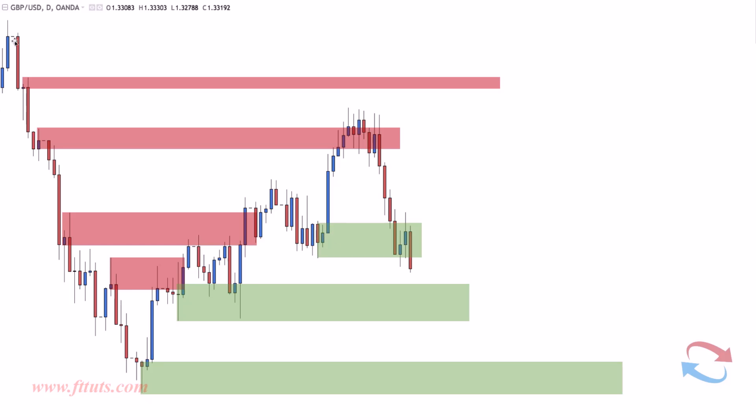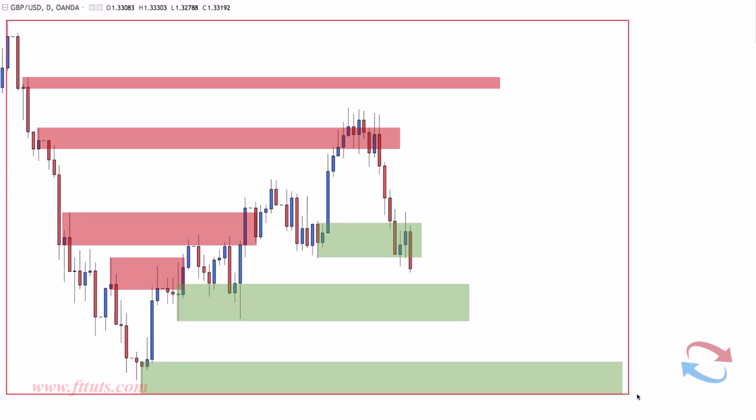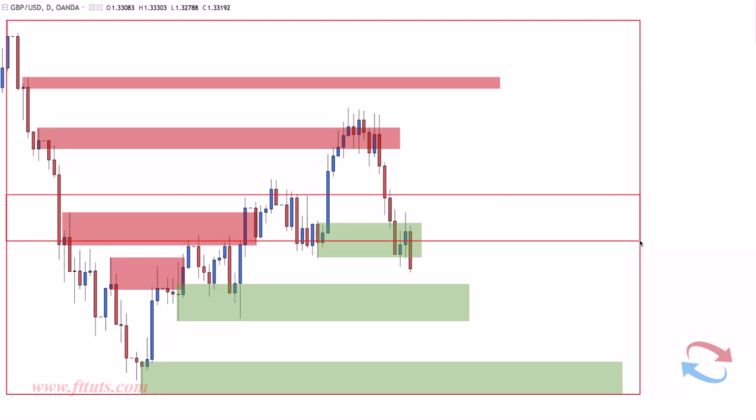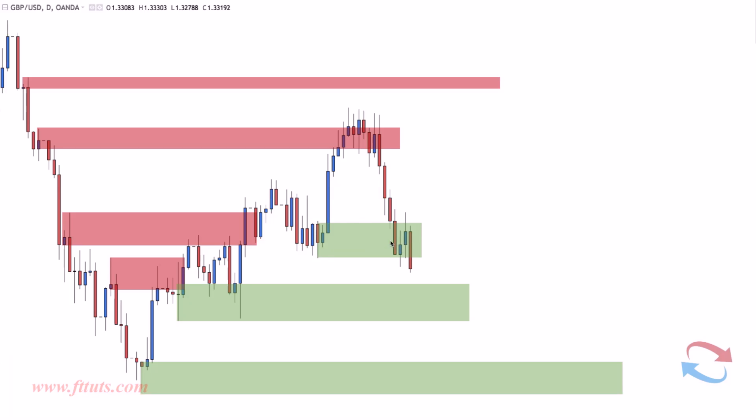And again, just looking at the area as far as the range, this would be considered from the high to the low. So if we were to draw the range from here to here, this range or around here is really where you would consider this to be potentially fair value, or just below fair value, right?